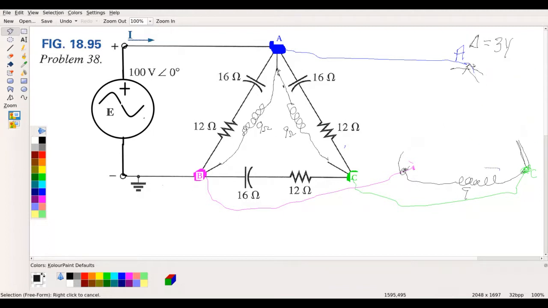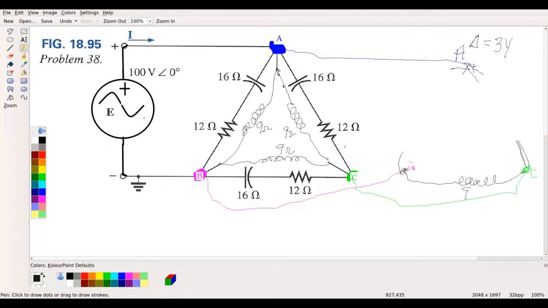And then I have from C back to B is an inductor of 9 ohms from C to B. Okay.